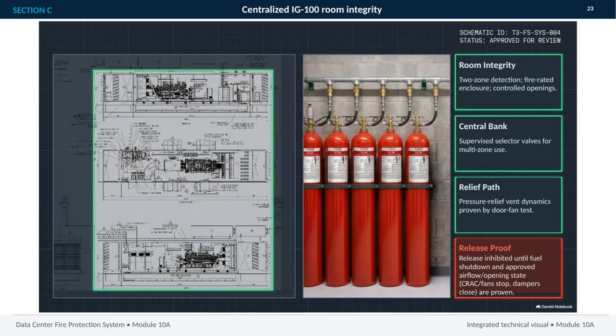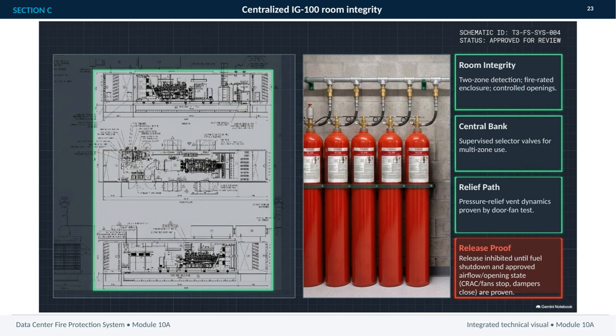This slide focuses on the controls that make a centralized IG-100 system dependable at the room level. The first requirement is room integrity. Detection is divided into 2 zones, the enclosure is fire-rated, and openings are controlled so the agent can remain effective after release. At the center of the system is the bank of IG-100 cylinders, supported by supervised selector valves.